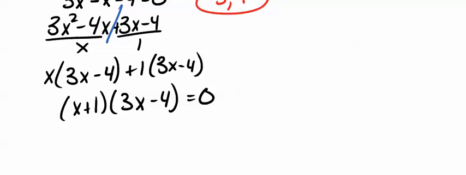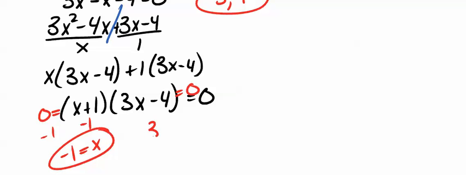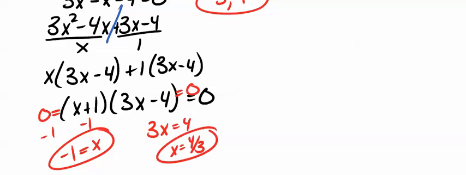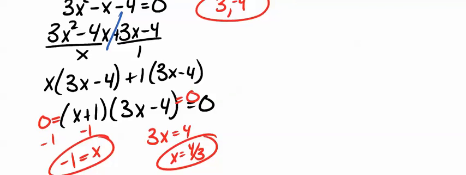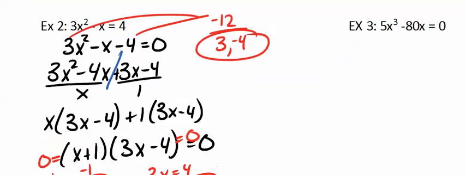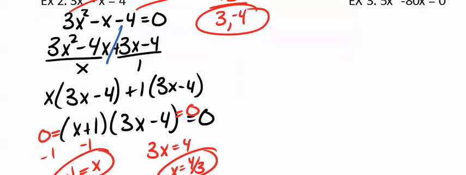And again, what I'm going to do is set each of these equal to 0 and solve. Over here, x equals negative 1. For the other binomial, x equals 4/3. Again, either one would be a solution, because if I plug it back into the original statement up here, it would work. It would equal 0.